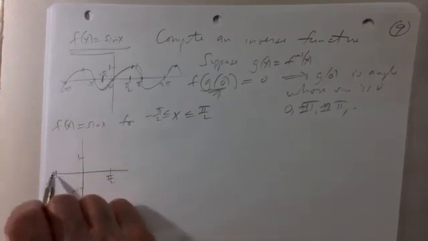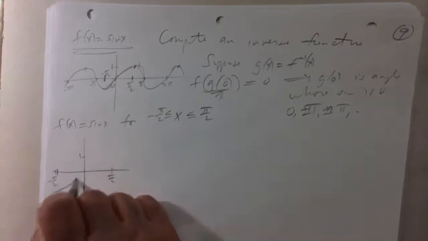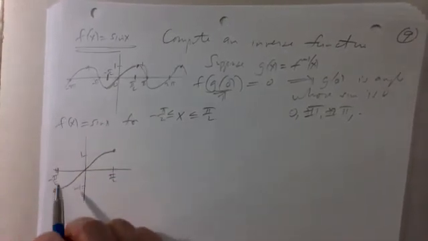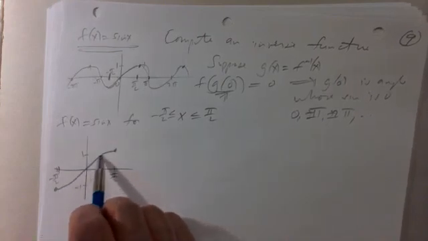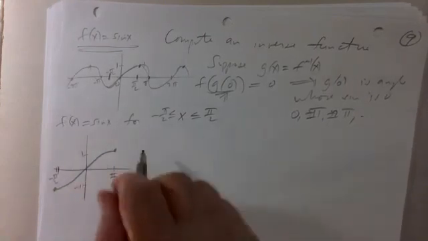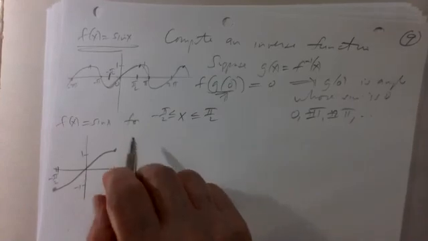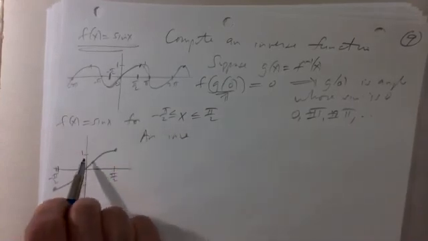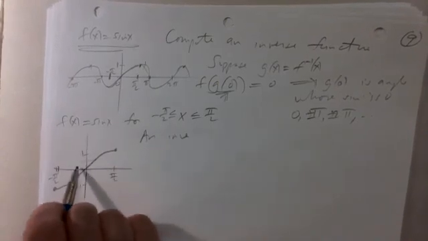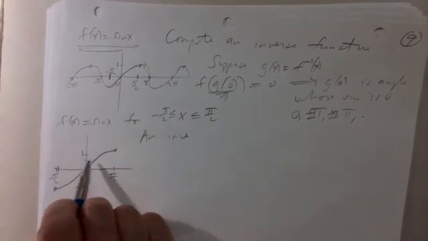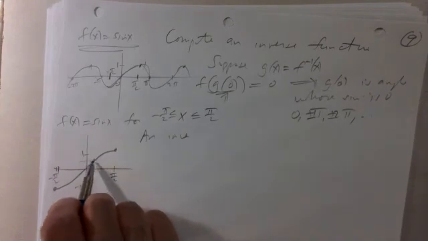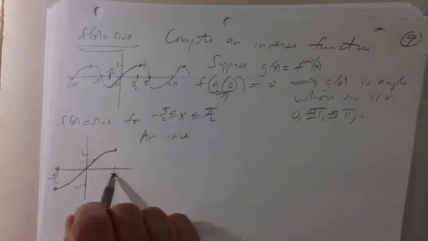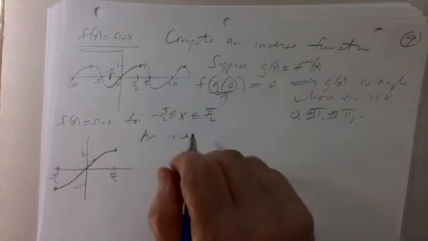In this interval from minus pi over 2 to pi over 2, this function is strictly increasing. It goes from minus 1 to 1. So if I take any value of y between minus 1 and 1, there's only one angle, x, in this interval whose sine is equal to that number.